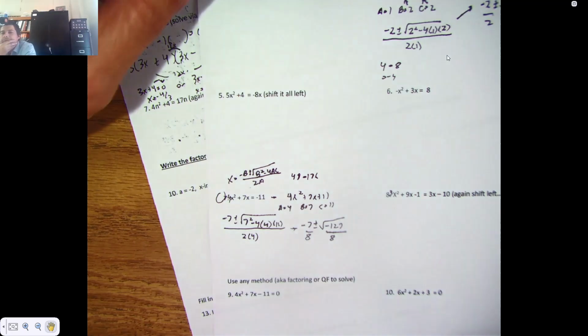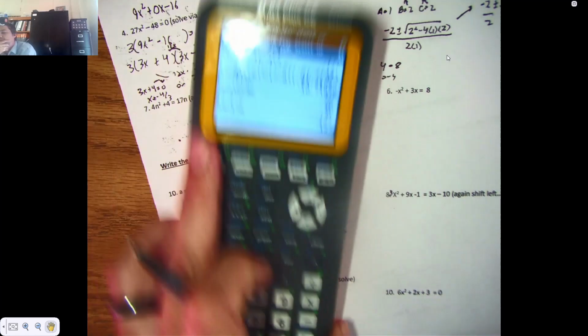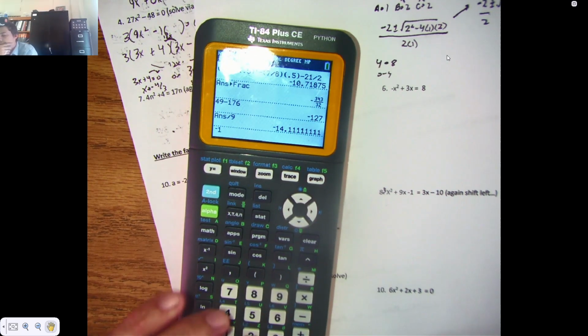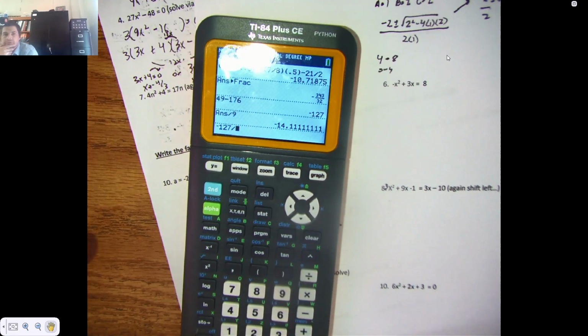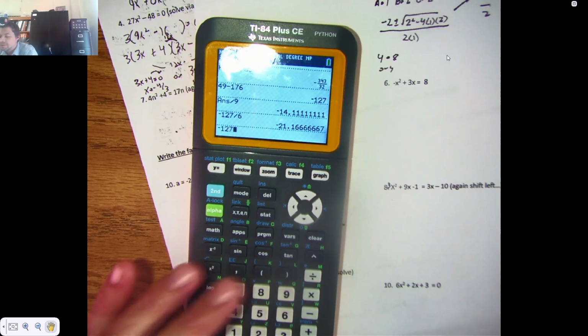Now, I don't think at any point in my life I've ever been asked to simplify the square root of negative 127, and I really don't feel it simplifies. I would be shocked if it was divisible by a 9, and it's not. It's an odd number, so it's going to be divisible by something odd.